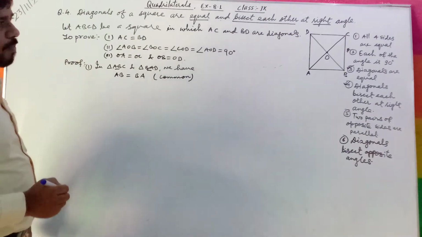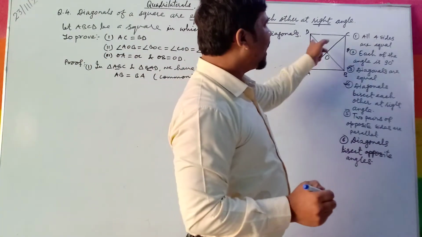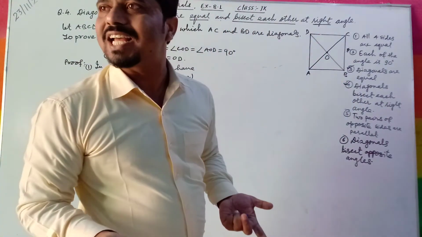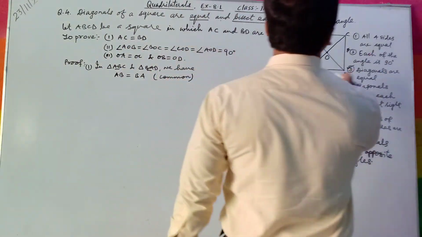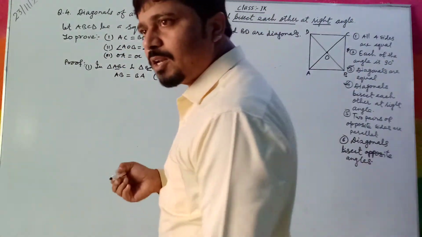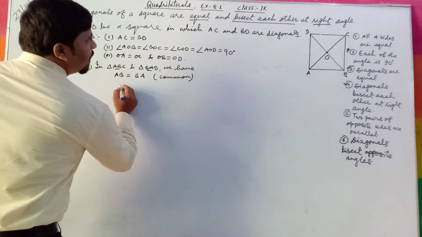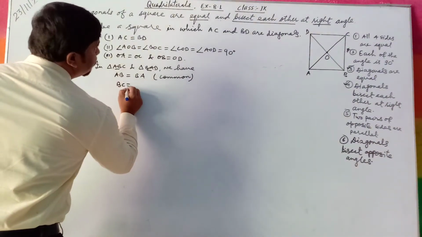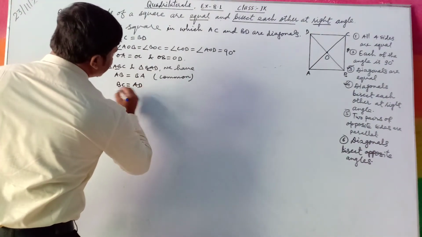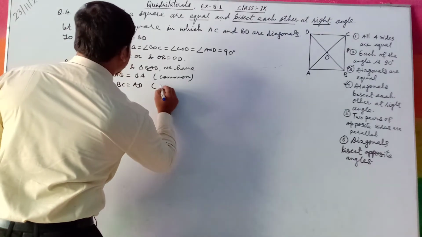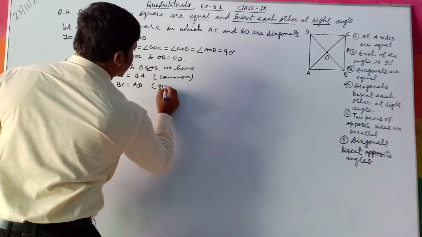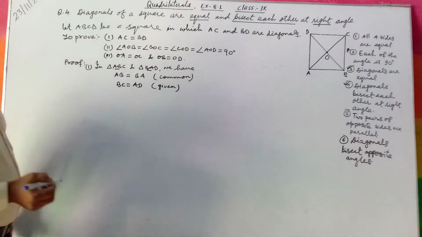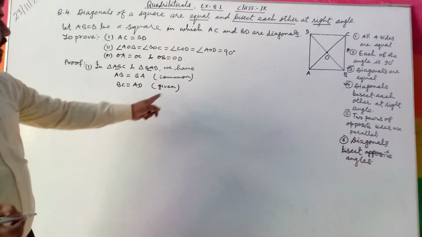After that, BC equals AD. Why? Because opposite sides are equal. All sides are equal, so these two sides are also equal. This is given.